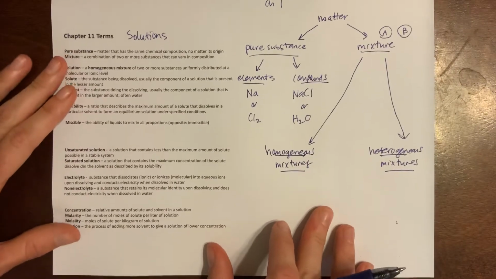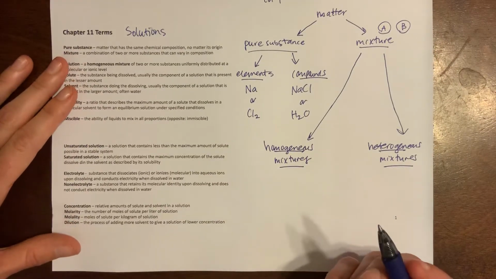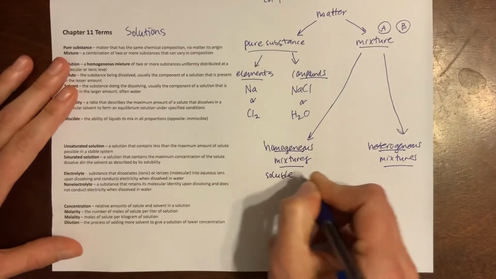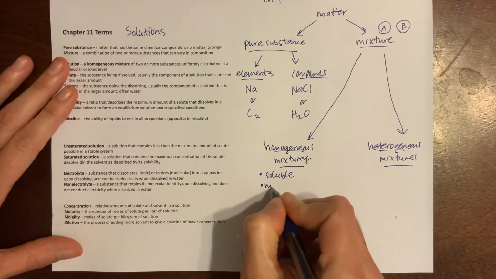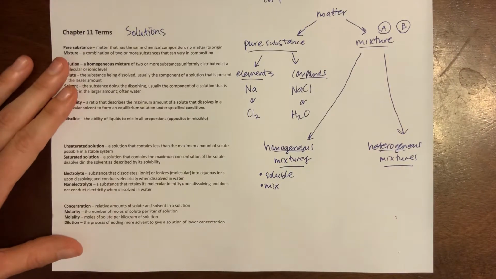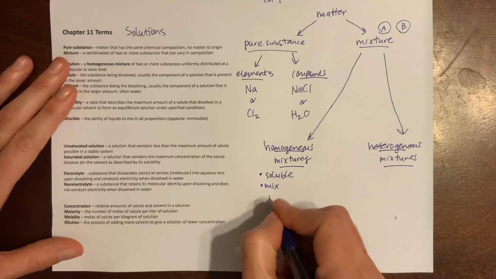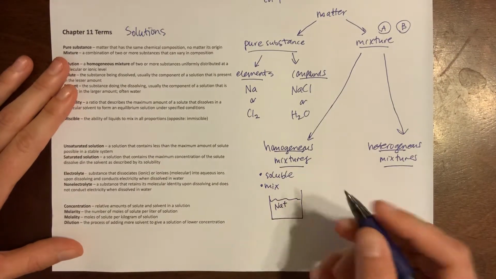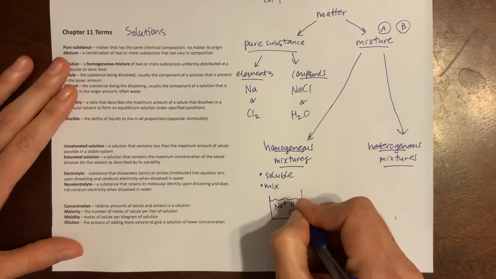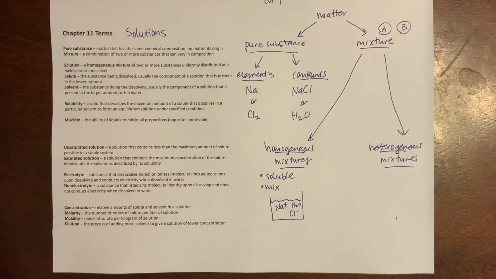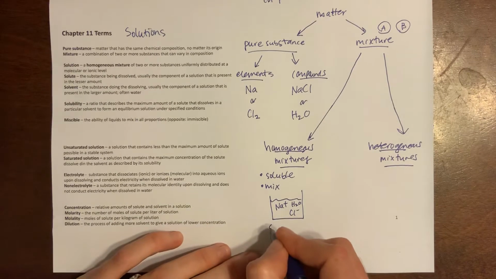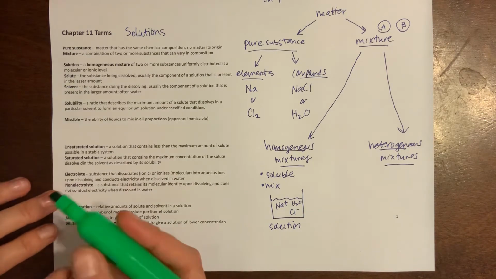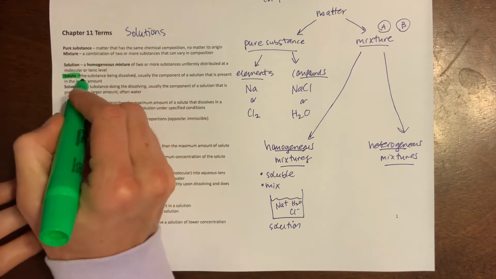So when I have a homogeneous mixture, another way to say that would be that we have two substances that are soluble or that mix with each other, and a good example would be to take that sodium chloride and drop it into water. So in this, what I'm looking at here is a solution, and a solution is made up of a solute, which is usually whatever I have less of.